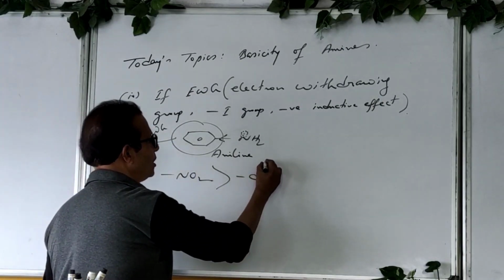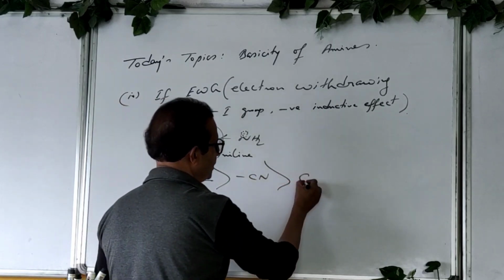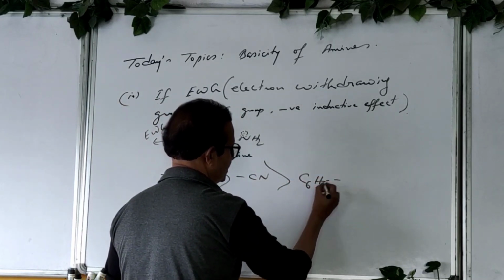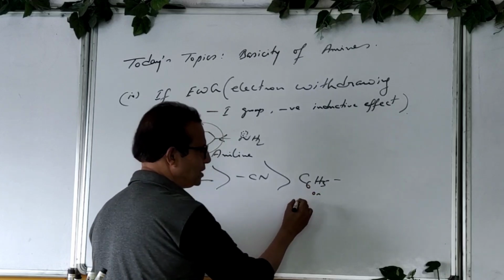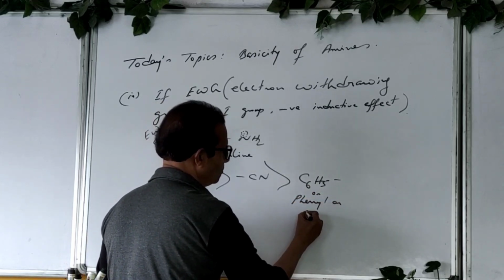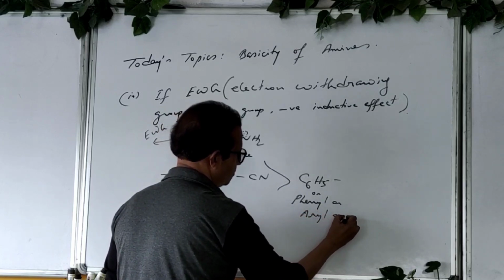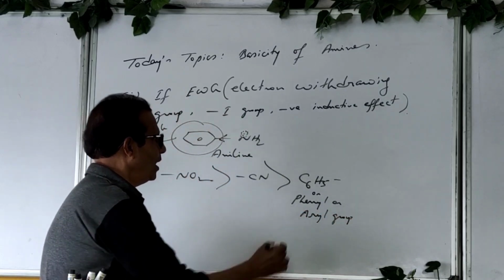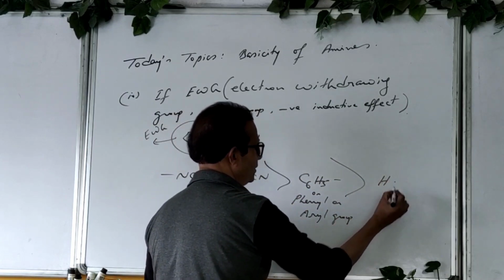The cyano group has stronger electron withdrawing power than the benzene ring, C6H5, which is called a phenyl or aryl group, and stronger than hydrogen.